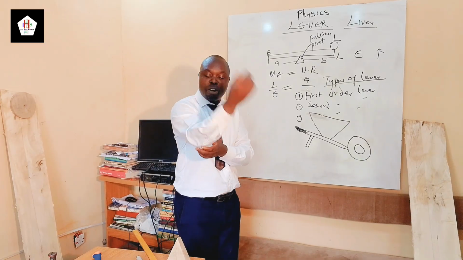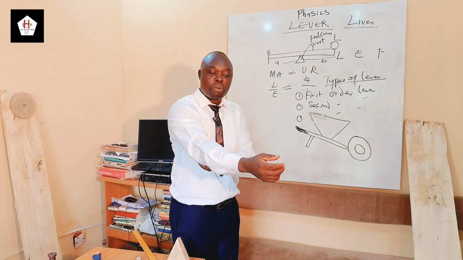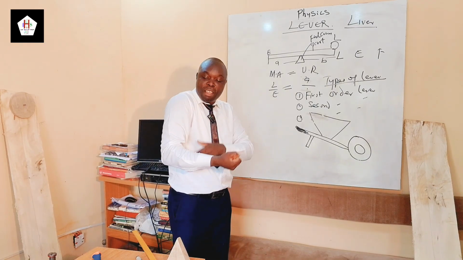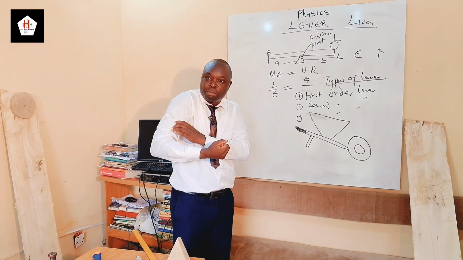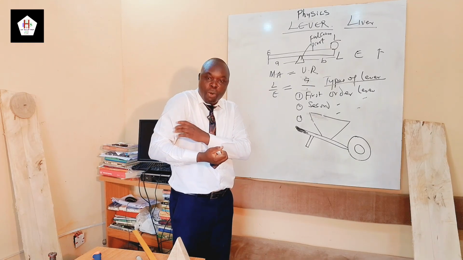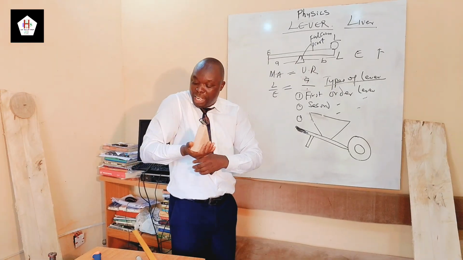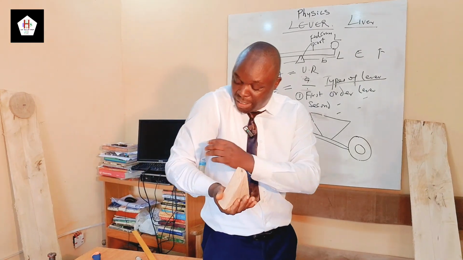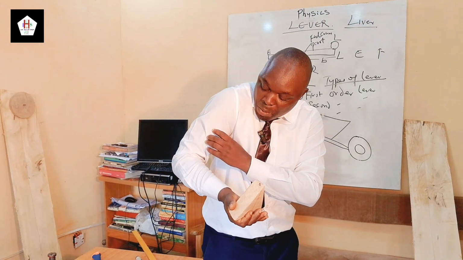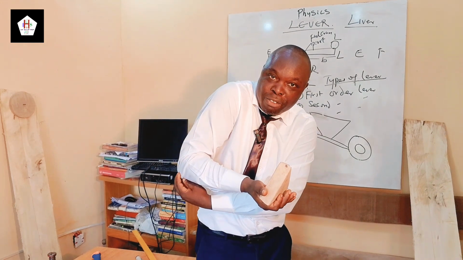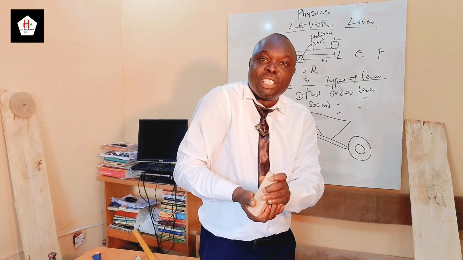This place is the fulcrum. Where is the effort applied? Effort comes from the muscle here. What of the load? This is the load. See, we carry it here. So now you can see that the effort here is between the fulcrum and the load.